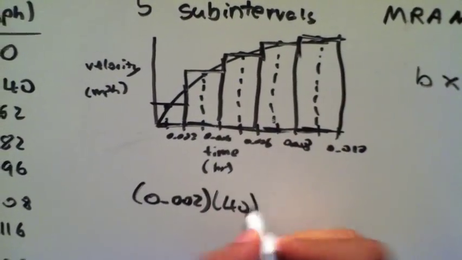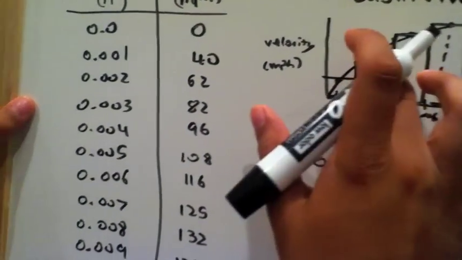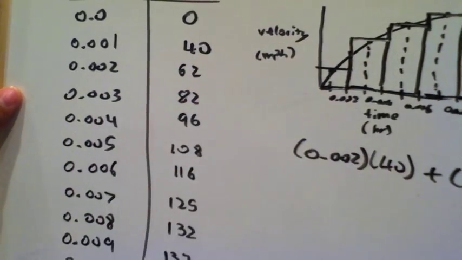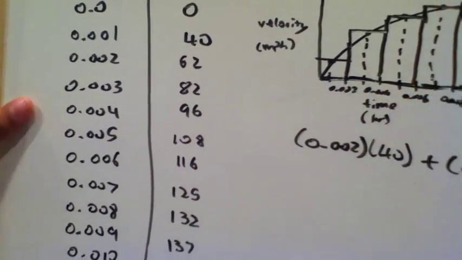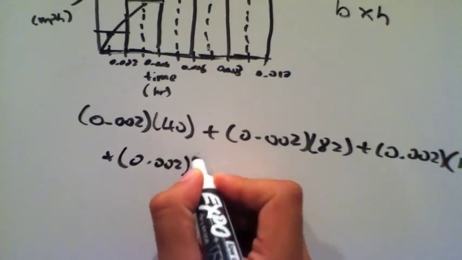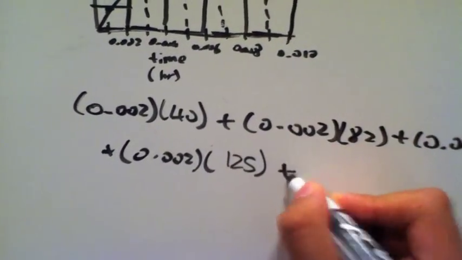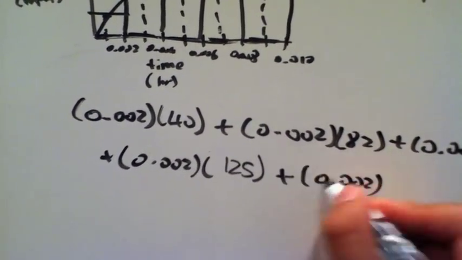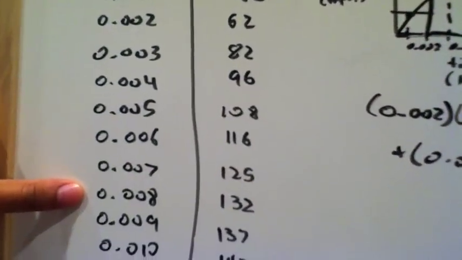So 0.002 times 40 plus 0.002 times, this is the next rectangle, and this here is at 0.003, that's 82, plus 0.002 times, at 0.005, which is 108, plus the next base is 0.002 again, and the height at this point, which is here at 0.007, is 125, plus 0.002 times the height here, which is at 0.009, which is 137.